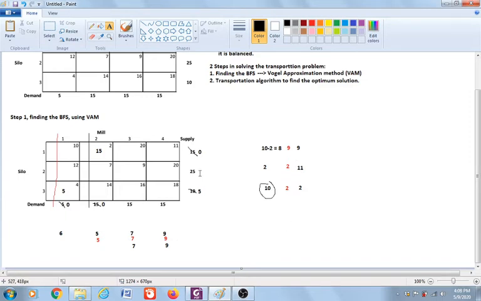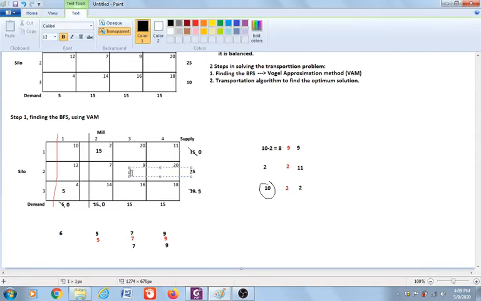So I need to allocate 25 to column 3 or column number 4. So the smallest cost is 9. So we have demand 15, so I can only allocate 15. So 15 over here.